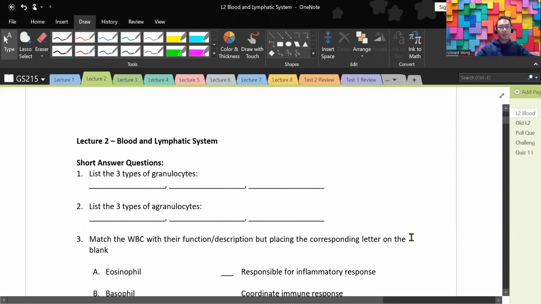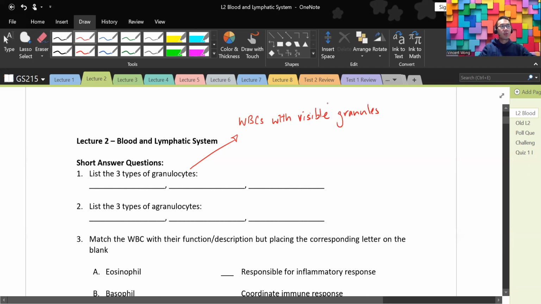First question here: list 3 types of granulocytes. So let's explain what granulocytes are. These are white cells, WBCs, with visible granules.